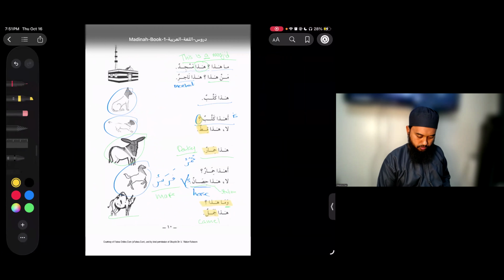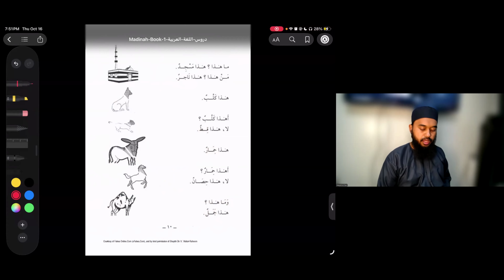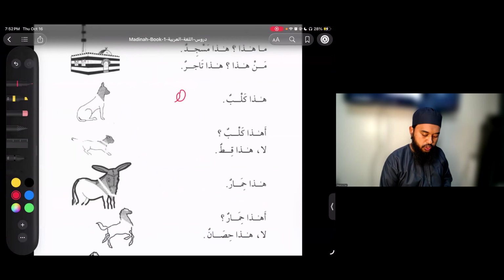If it's a female, like if you point to a girl, is it still hada? No. So we will come to that in the next couple of chapters. It's going to be hadihi. I thought that when I first did this chapter, if we do want to start talking to a female, it's going to be hadihi. We could bring that into practice right now, but the author did not bring it yet.